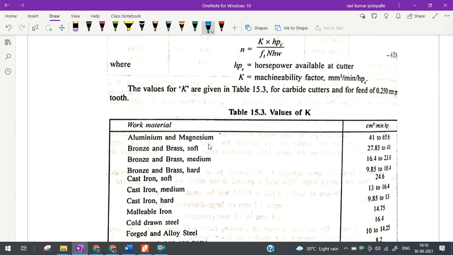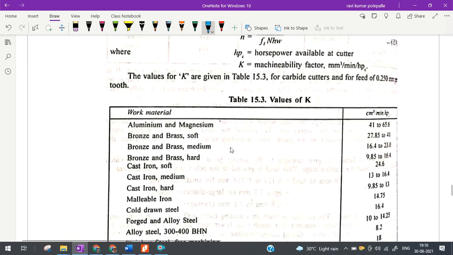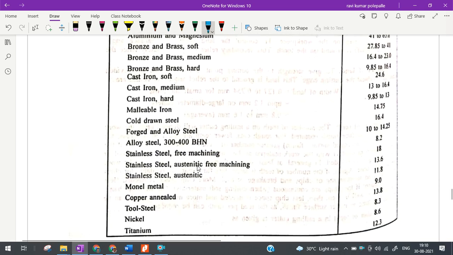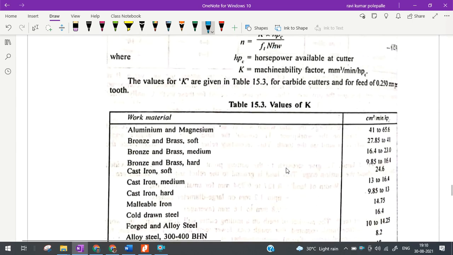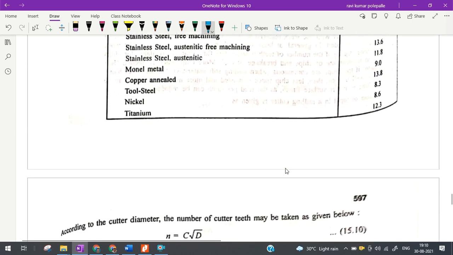Aluminium, magnesium, such soft materials are very good machinable, therefore we can consider a higher value of K. If we go down, for example monel metal, it is only 9. So it all depends upon the work material.